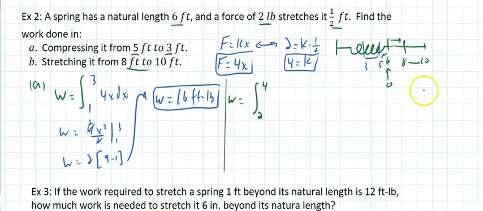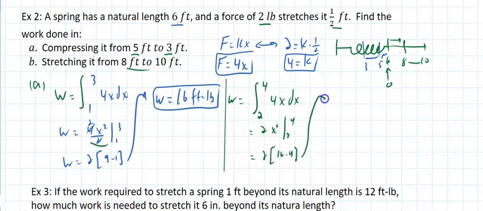So whether you compress or stretch, it's the same work. And again, once you get that part, it's pretty much set. The calculus is the same. That is really 2x squared evaluated from 2 to 4. Work would be 2 times 16 minus 4. That would be 2 times 12. That would be 24 foot-pounds.